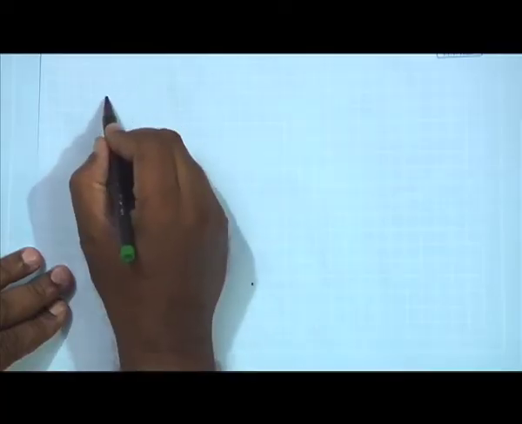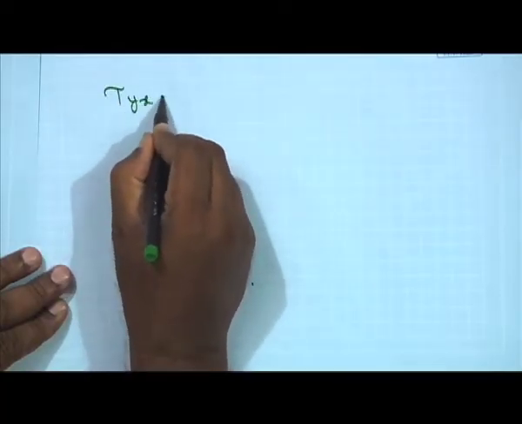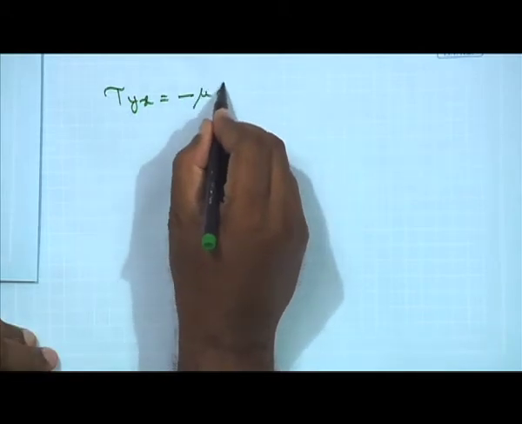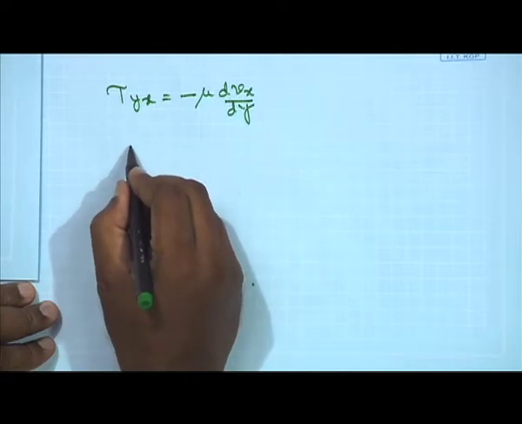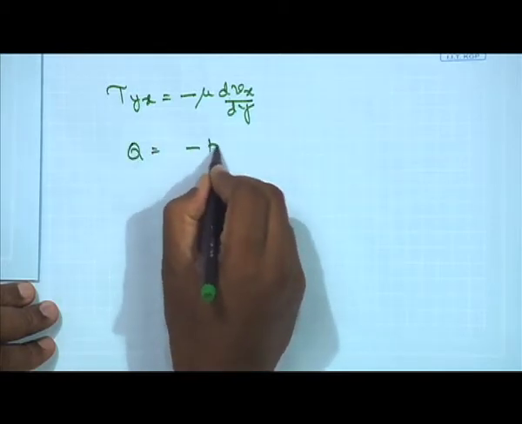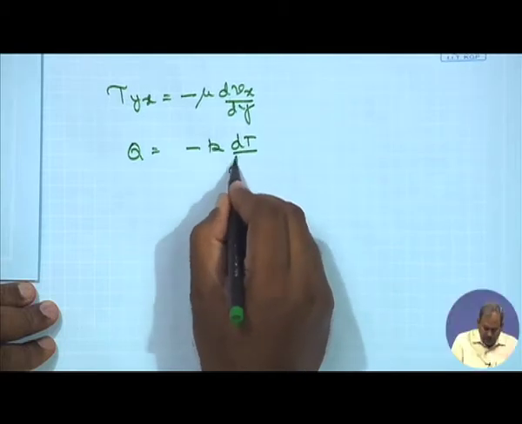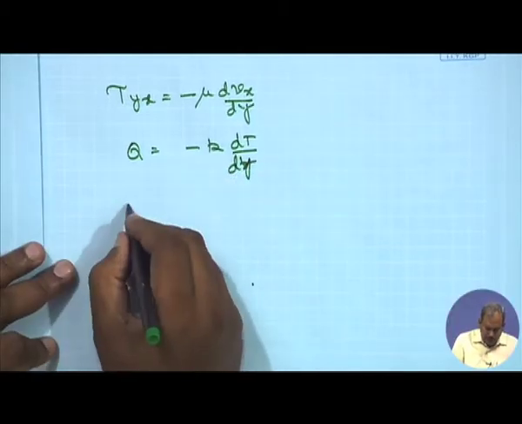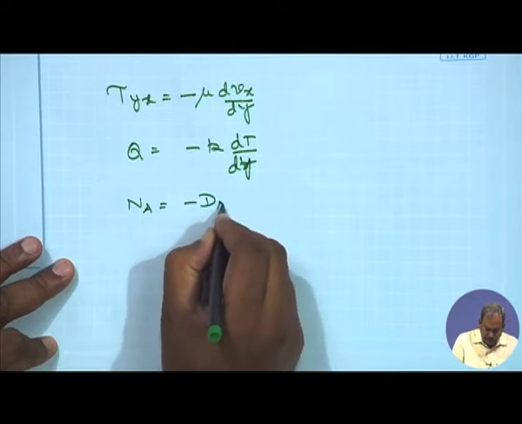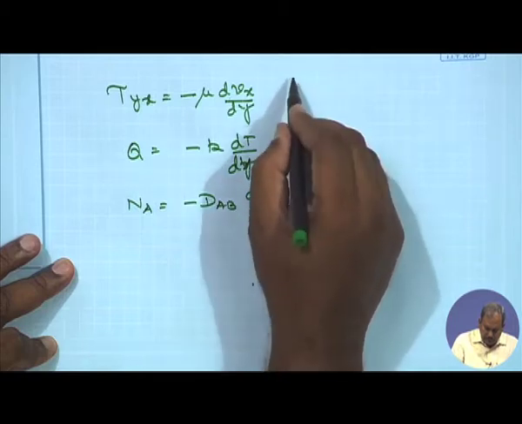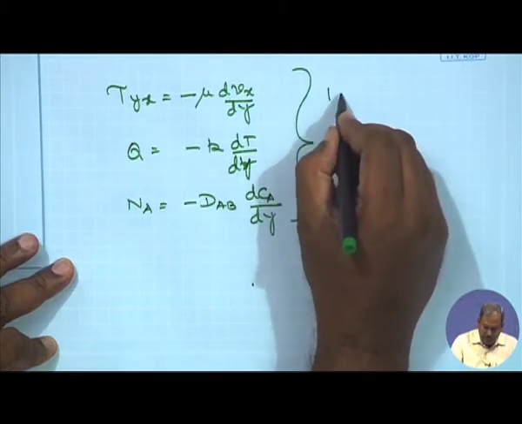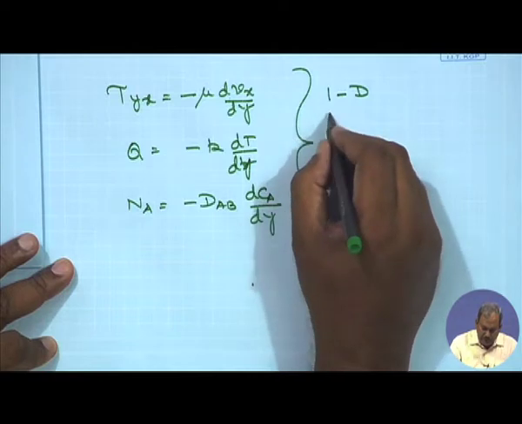Therefore, the three equations that I have written, one is tau yx to be... these three equations are one dimensional.